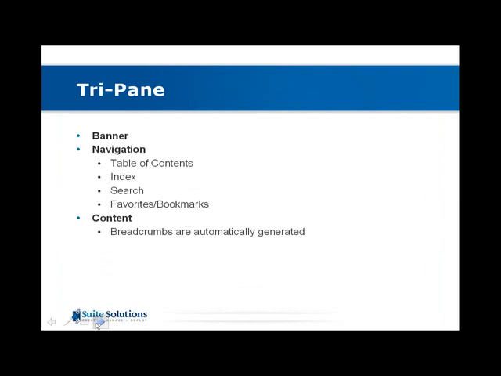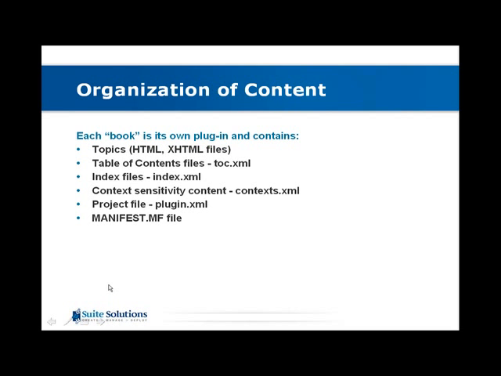Okay, moving along. As we mentioned, there's a tri-pane interface. Now we're going to get into some more details of the interface and the customizations, and how to generate the content from the DITA OT and then deploy it as an info center. The organization of the content is basically what you would expect from other help formats.